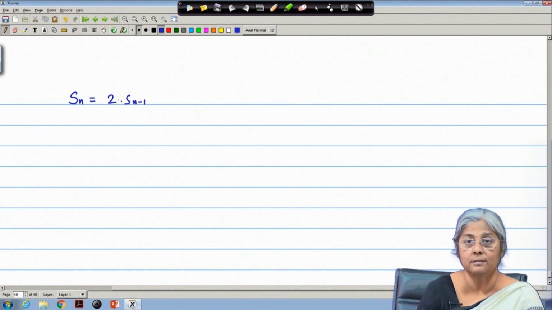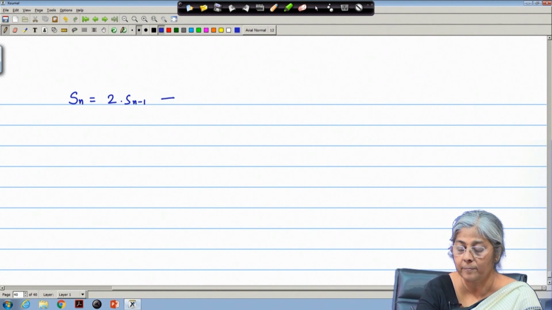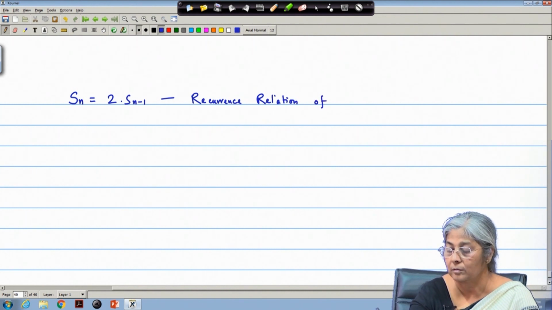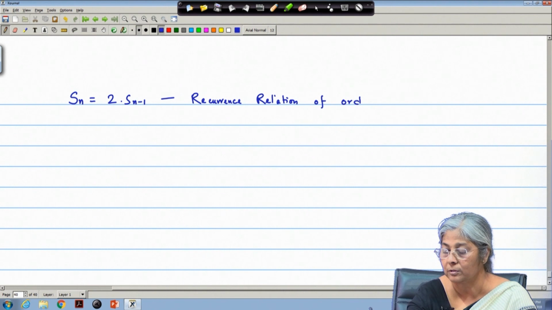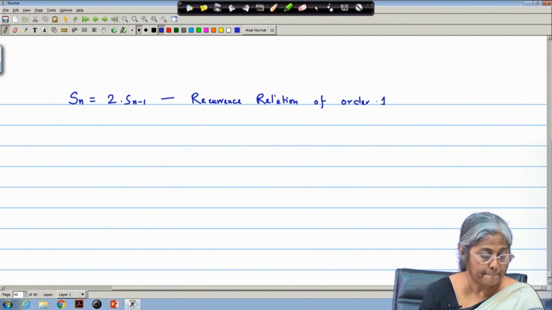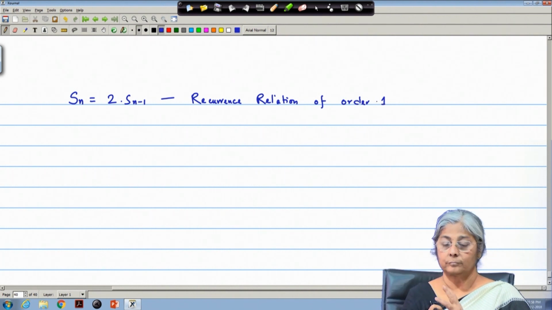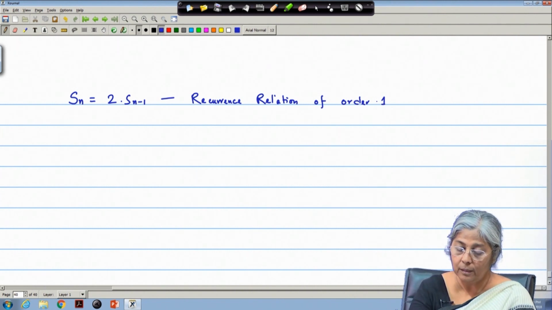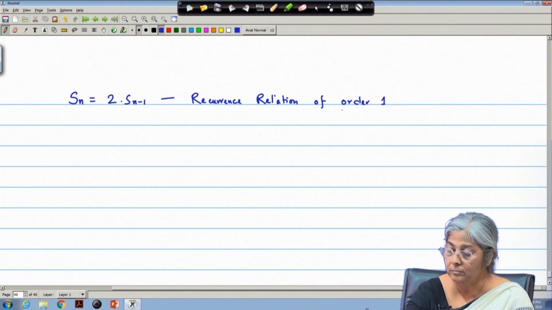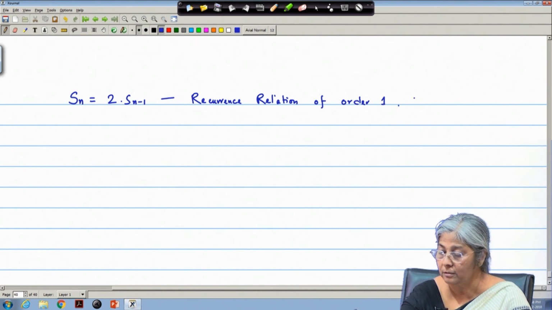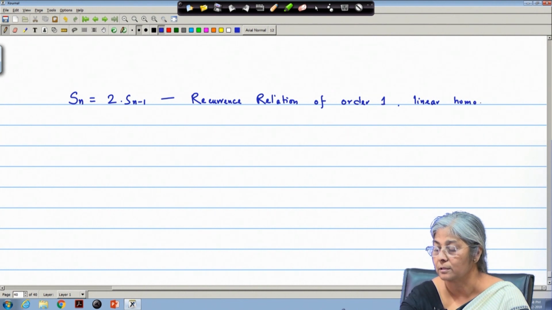This is a recurrence relation, and I tell that this is a recurrence relation of order 1, and this is a linear homogeneous recurrence relation.